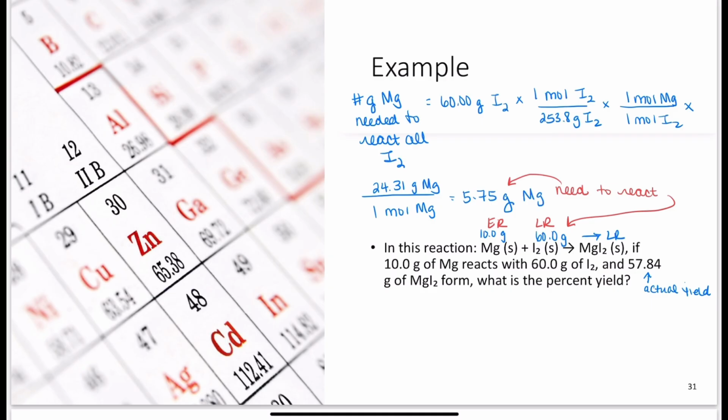That means it's a limiting reactant example. I know how much I collected. This is my actual. I need my theoretical yield.